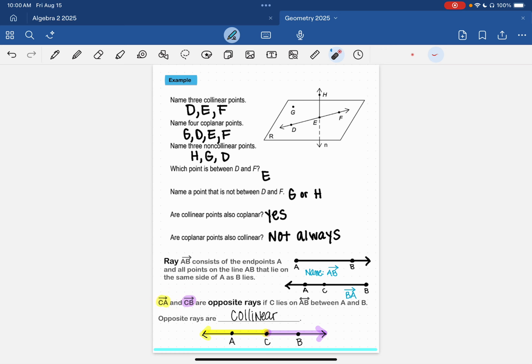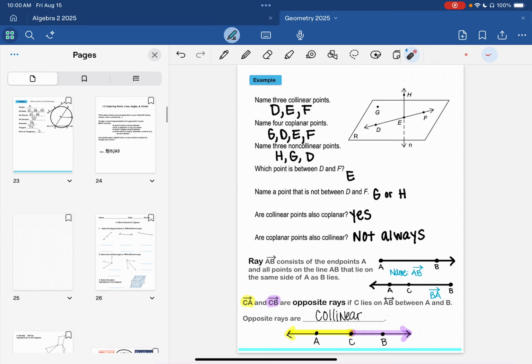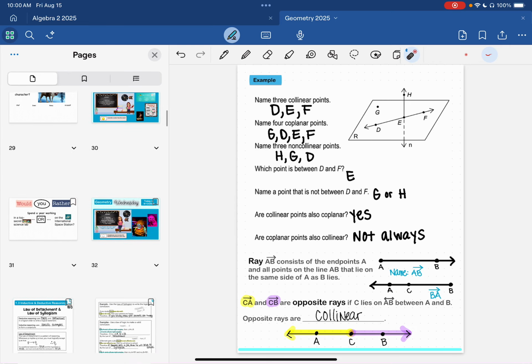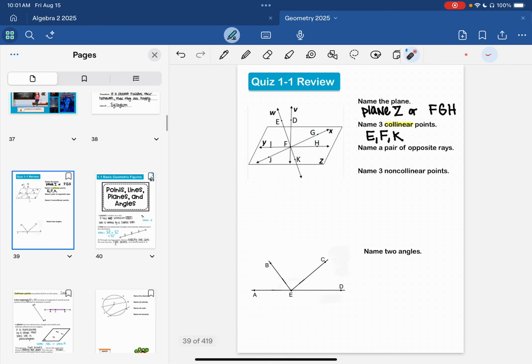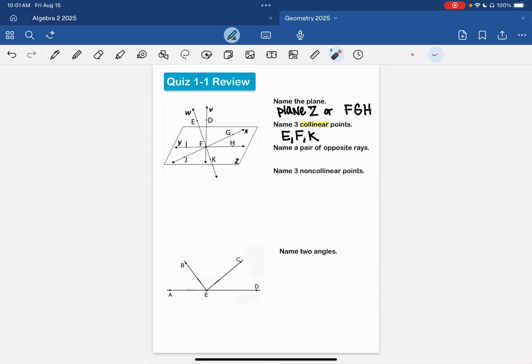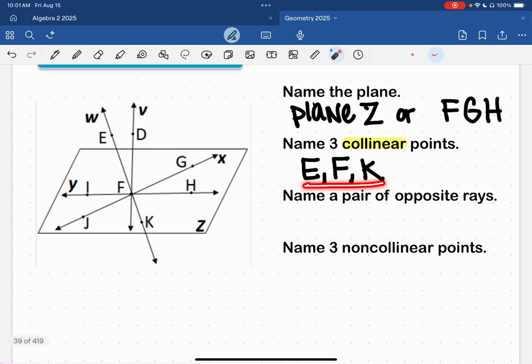So let's go back to our example and find that, because there's quite a few answers that we could have. All right, so here we go. We could use the same line from up here because remember, opposite rays are collinear. So we could use this one, and that's the first one I'm going to do.